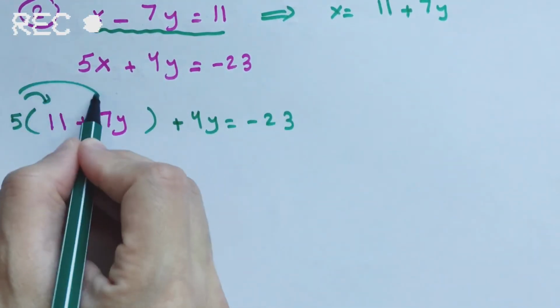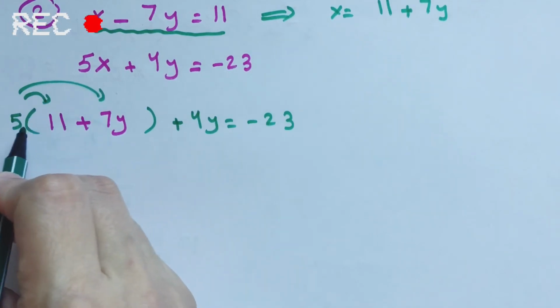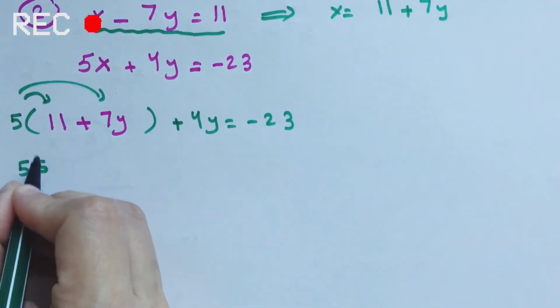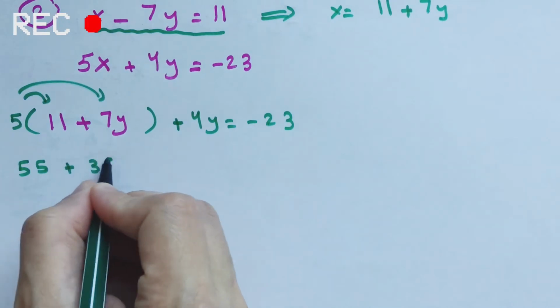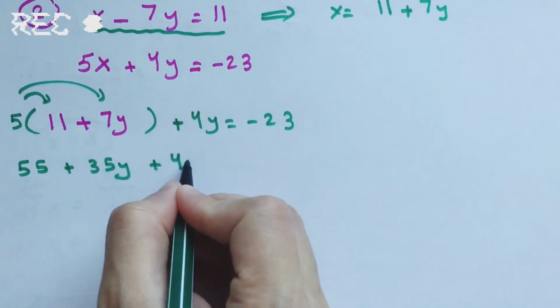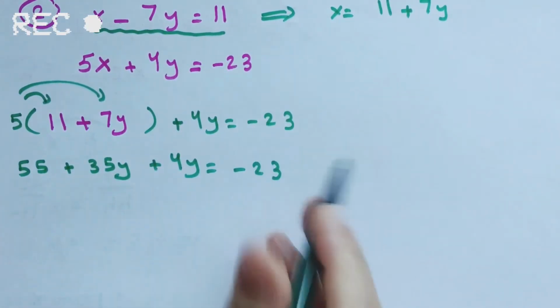Now I will multiply the 5 by the 11, it will be 55, and 5 by 7y, it will be 35y, plus 4y equals negative 23.